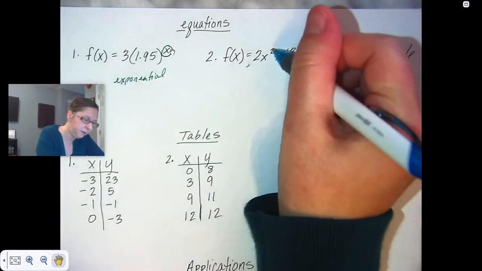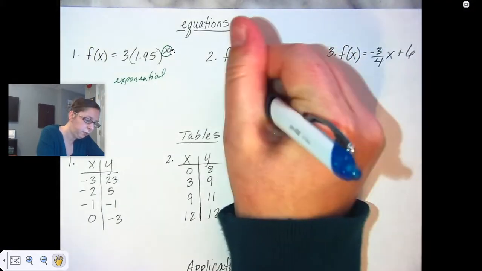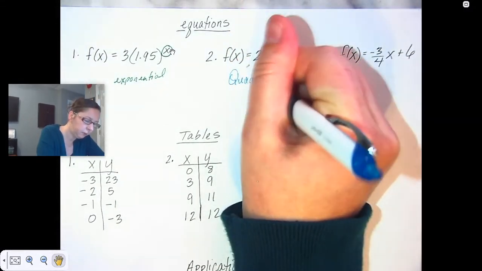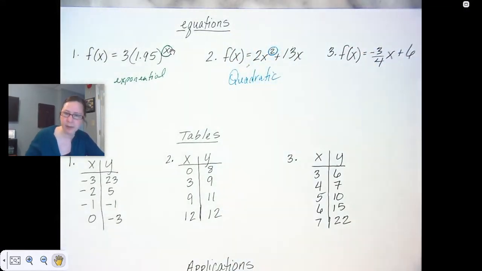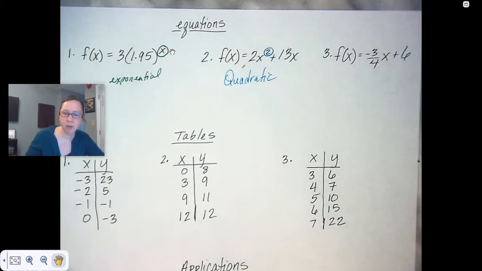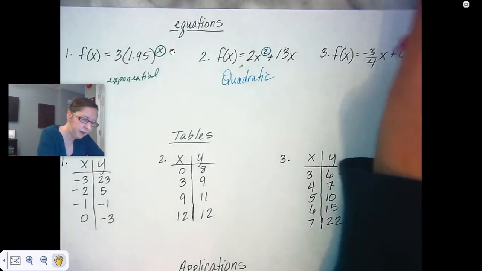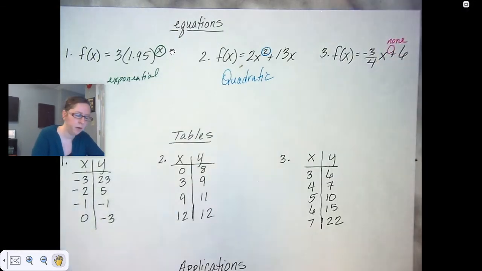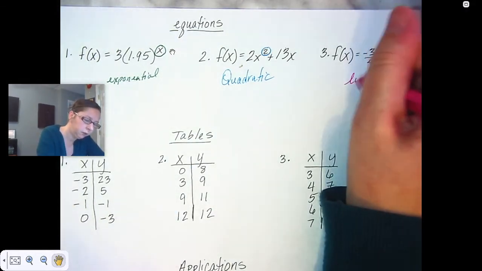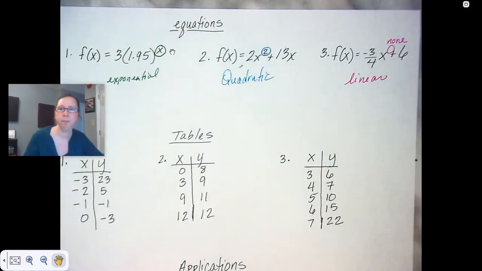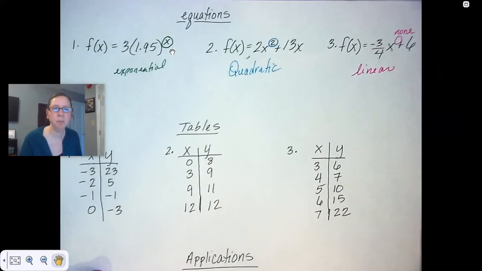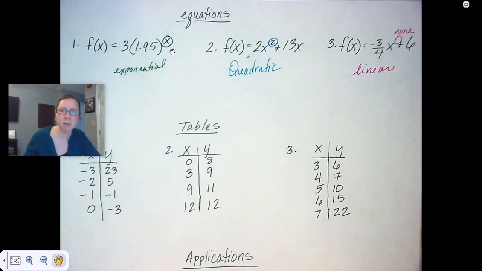This exponent is a 2, which means that this is quadratic. All right. And then in example number 3, I see no exponent. There's none there. So this will be linear. All right, so those are our 3 examples. And in our practice assignment, you will be practicing this. Okay, let's go back to our notes.